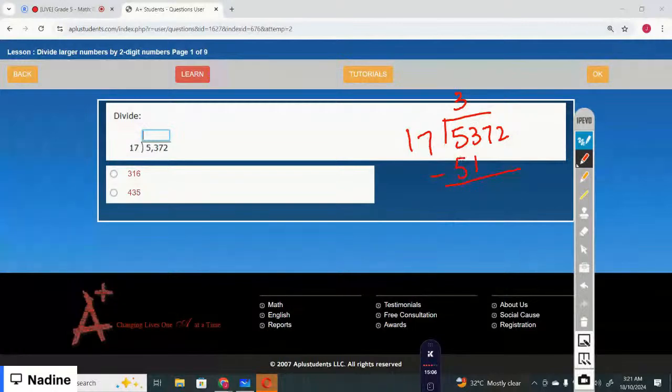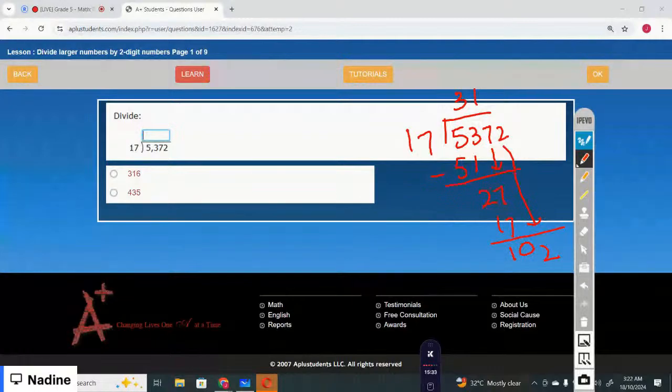So you have 51 here, right? So 3 take away 1 is 2. You need to bring the next digit down, that makes it 17. So we can go for 17 times 1 is 17, right? So 0 and 1, you need to bring the next digit and 2.